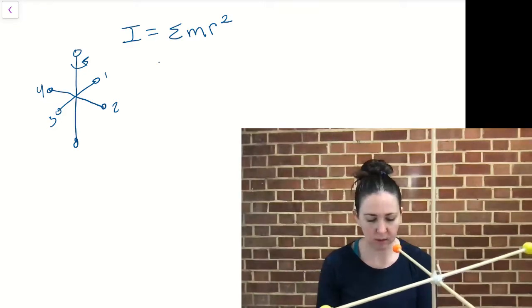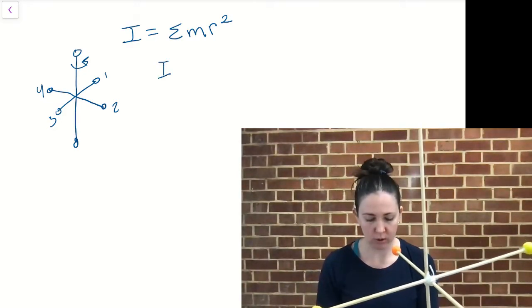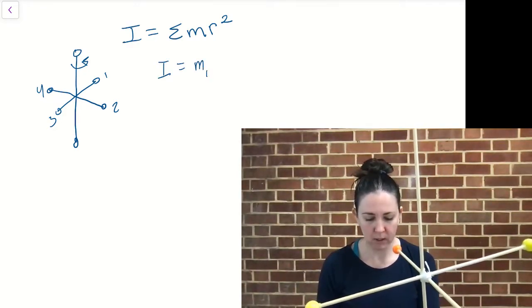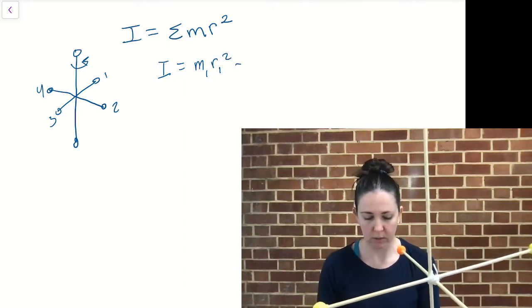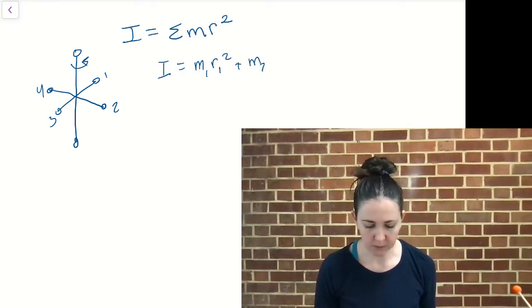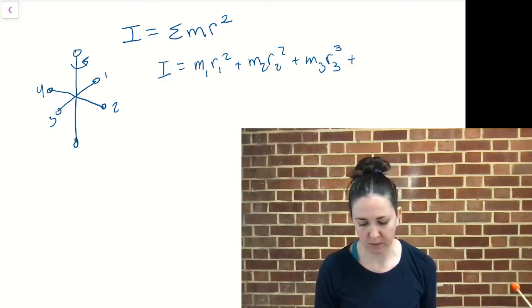I can calculate my rotational inertia by just taking mass 1 times the radius 1 squared, plus mass 2 times the radius of 2 squared, plus mass 3 times the radius of 3 squared, plus mass 4 times the radius of 4 squared.